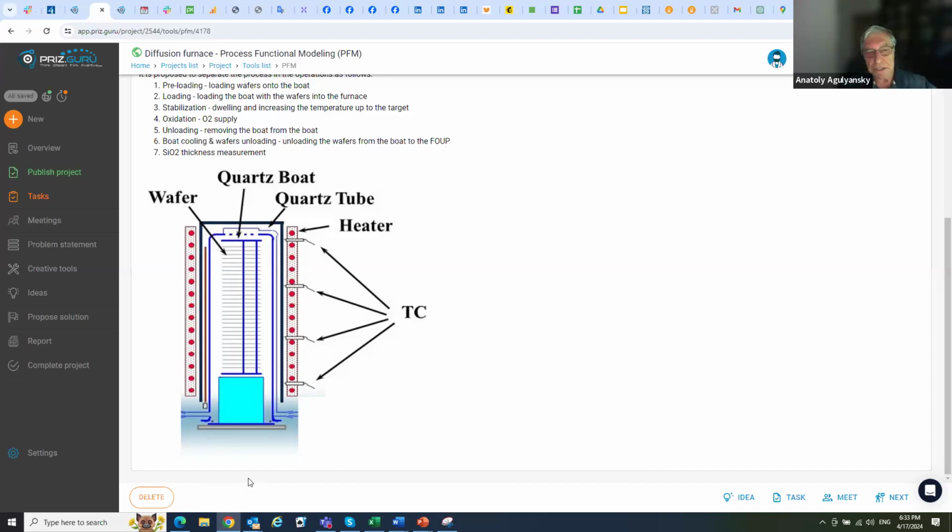When we insert a boat with cold wafers, actually we insert wafers at room temperature into the furnace, which is at 300 degrees centigrade.